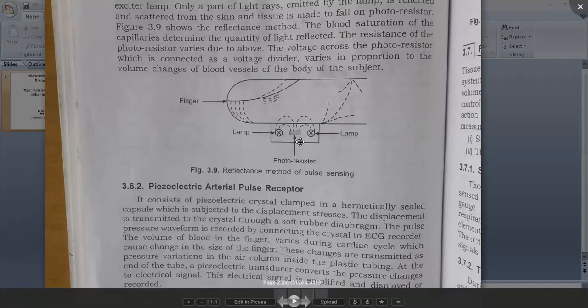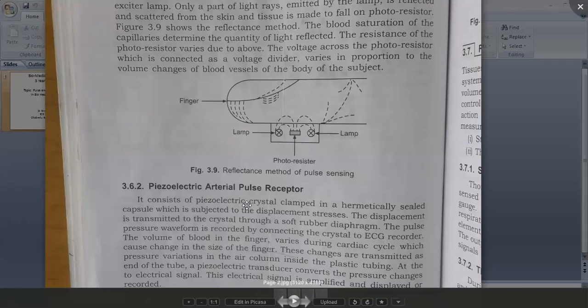In this case, we use a piezoelectric crystal as the sensor. When pressure is applied on the piezoelectric crystal, there is a generation of voltage.